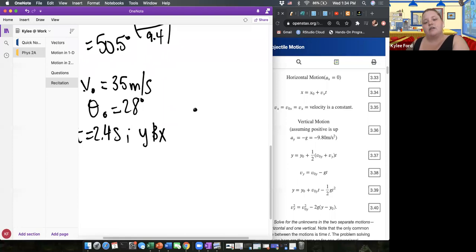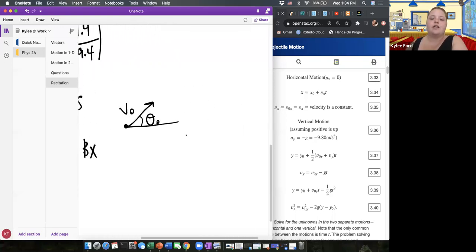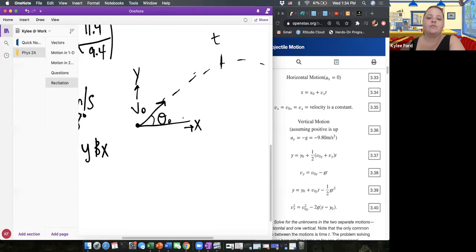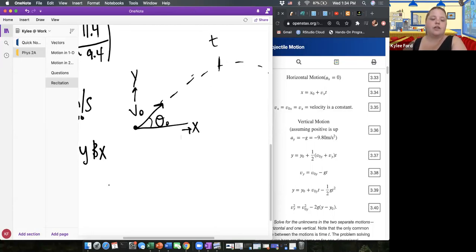So we've got a ball that's going to be hit at some angle with some velocity. And we want to know at some time, where is that ball going to be? Remember that this is our x and our y directions. Just to give you guys a visual, this is what we're looking at.